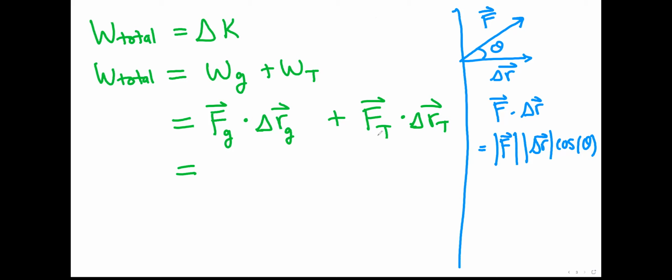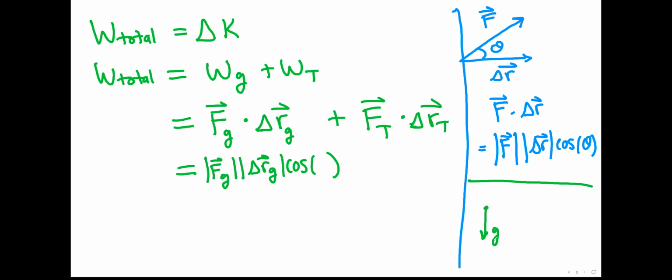So in this case, let's write this out in terms of the dot products. So we have FG times delta RG times cos of the angle between them. The gravitational force is going downwards and the tension force is going upwards and to the right.